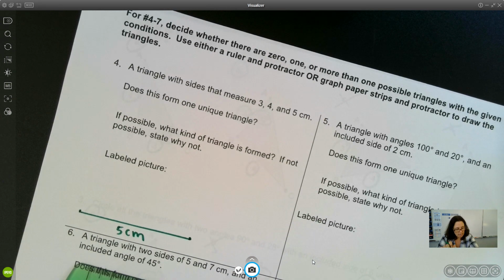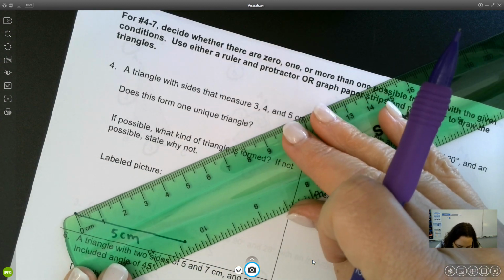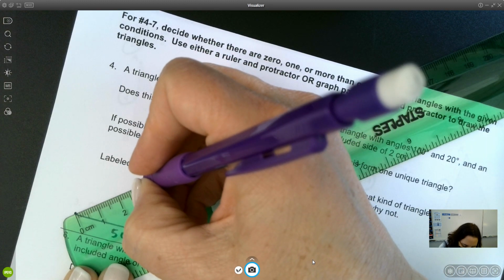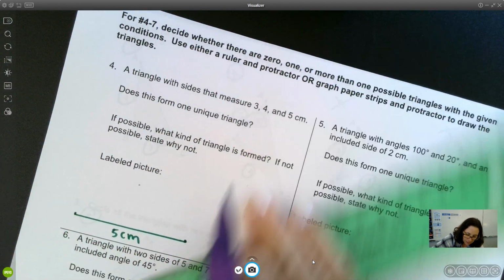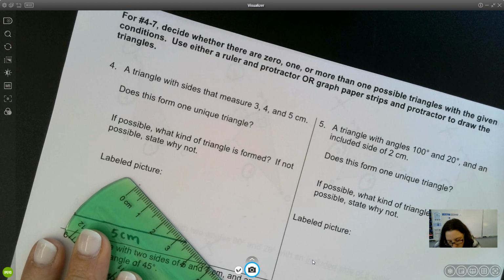So I'm going to change to a pencil because I'm literally going to be trying and erasing, trying and erasing, trying and erasing. So here is 3 centimeters. I'm not going to write it because I'll probably have to erase it. Let me see if that dot gets me 4 centimeters. No, it does not. It only gets me about 3.4.